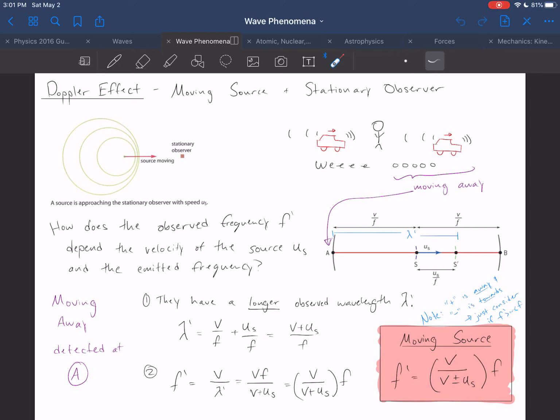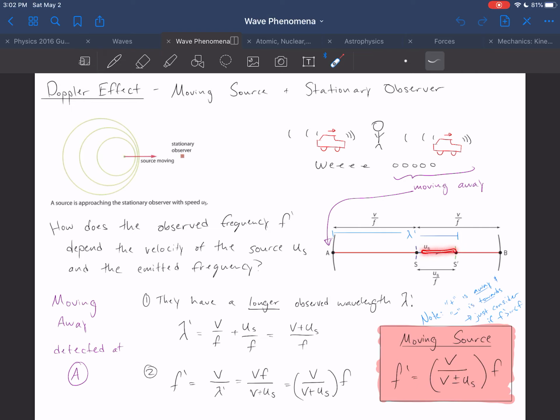So the thing to recognize is that the detected wavelength for an observer located at A, the detected wavelength in between the two wavefronts, will be longer than it was before rather than shorter. So instead of being compressed, it will be extended. And by how much? By the amount the source has traveled in the meantime.